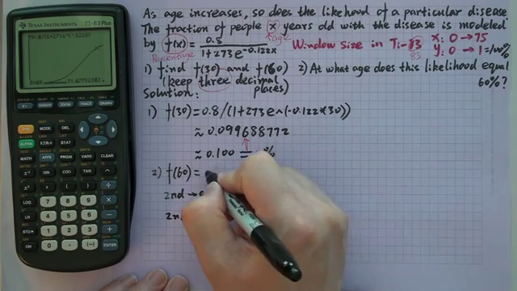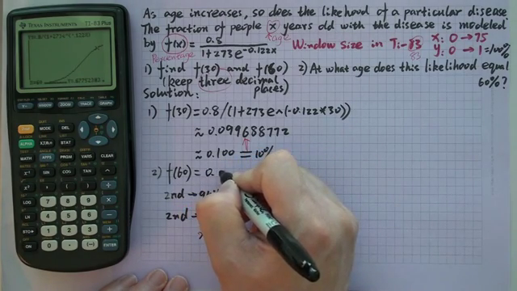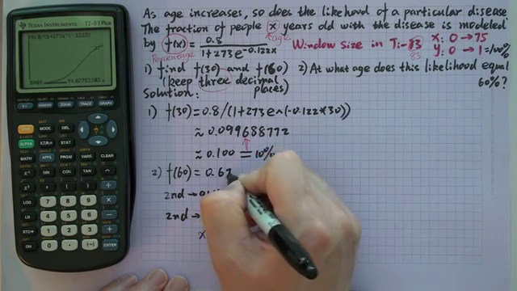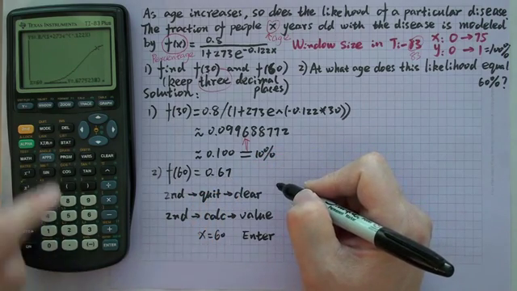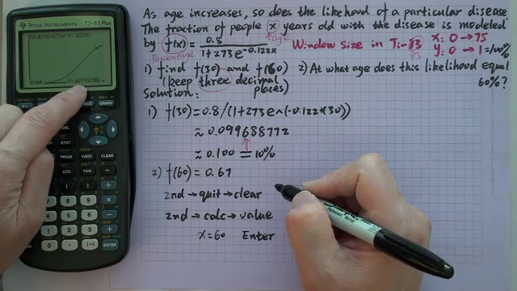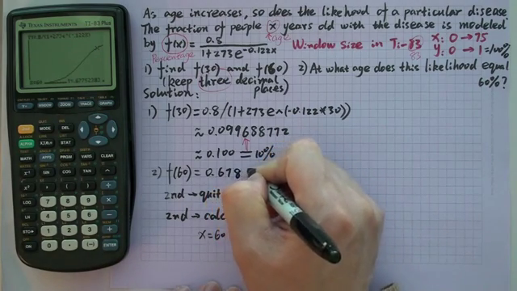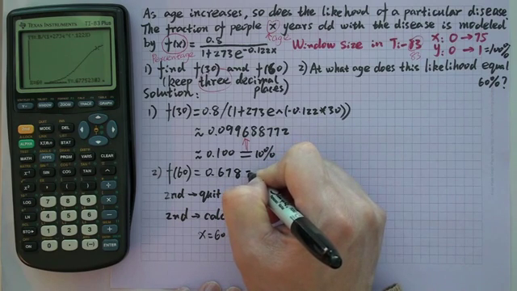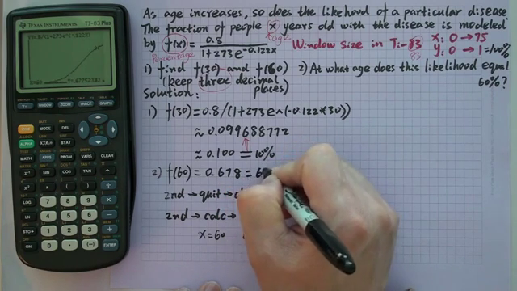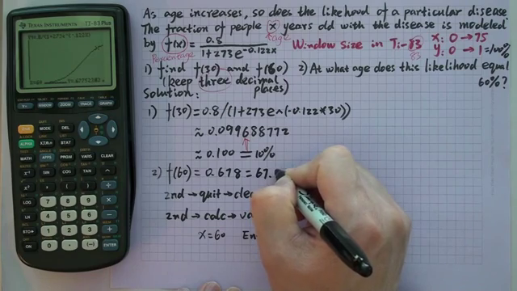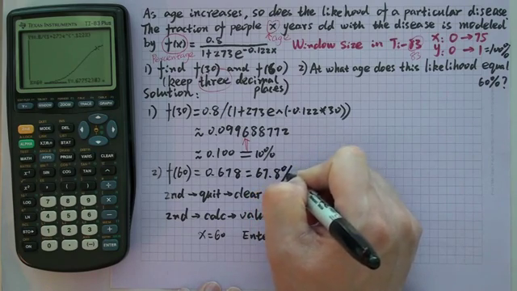Then you have the answer is 0.67 something. The next digit is 5, which is greater than or equal to 5, so you round it up. And that's 67.8%.